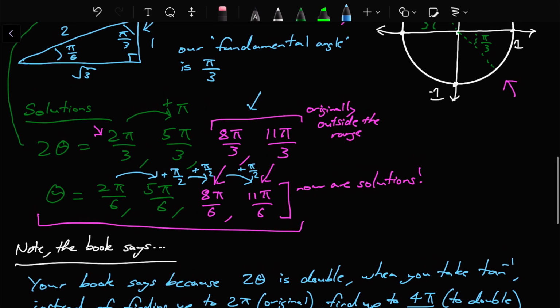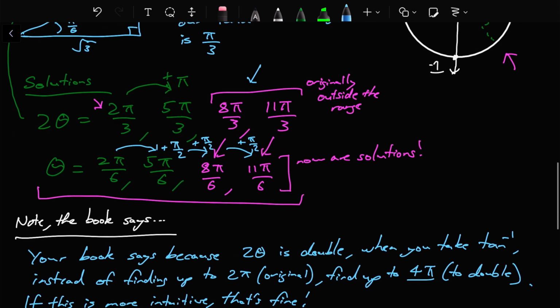But sometimes it is good to actually recognize what's going on here. That is, yes, you can just find up to 4 pi and then divide them by 2, but the idea is that this is exactly what was going on in these pink ones, but we didn't really need to worry about doubling the range. We just realized that if we took these first 2 solutions, they didn't take us all the way around, so we could keep adding the same interval, okay?